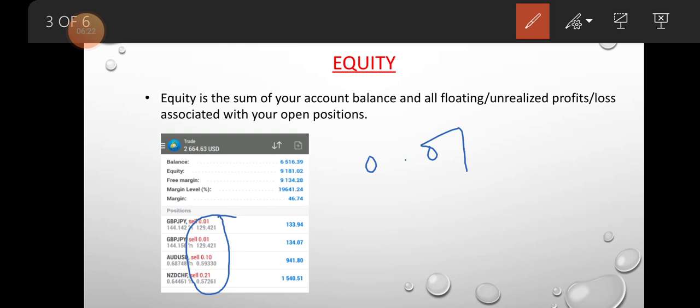So for each of these trades, depending on the leverage that I was using, the broker will hold a particular amount inside my balance. He will remove some money, hold it, then allow me to take this trade for each of them.